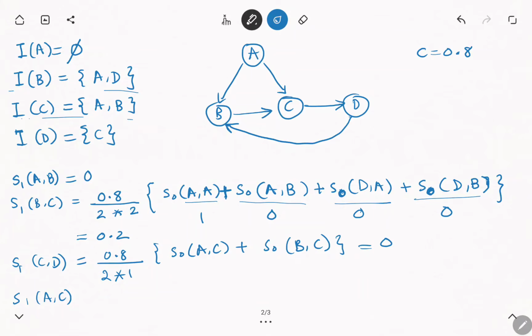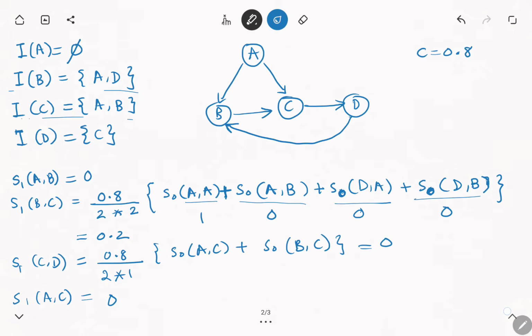Let's cover AC as well. For AC, it will be again not possible because A has an empty set, so it will be 0. Okay, so I hope this procedure is clear to you.